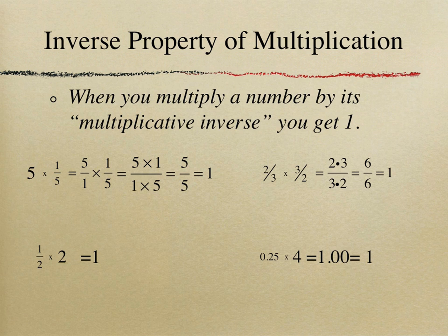Notice that in all 4 cases, I multiplied together a number and its multiplicative inverse, and the answer was 1. This is the inverse property of multiplication, and we're going to use this one a lot this year to help us get rid of fractions in problems where it would be easier to not have them there.